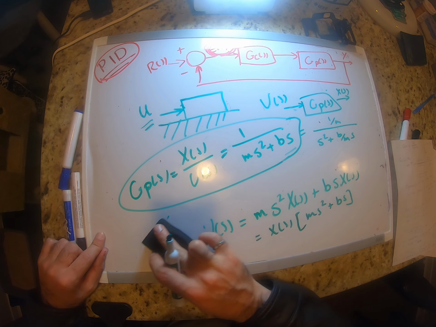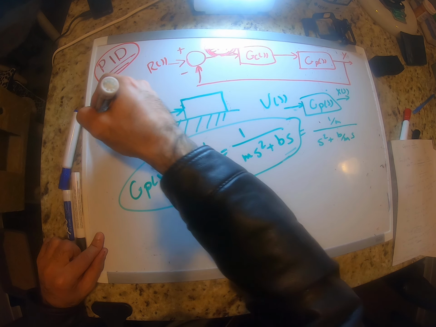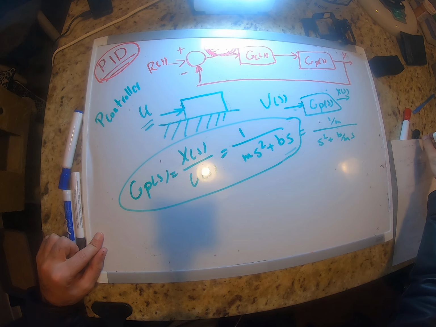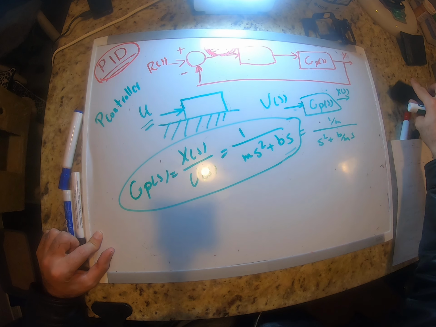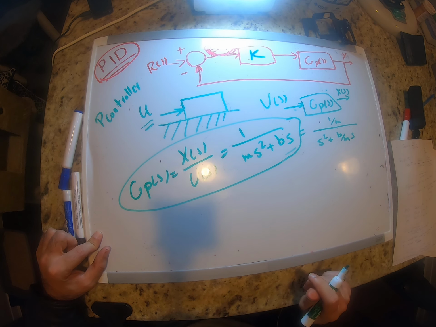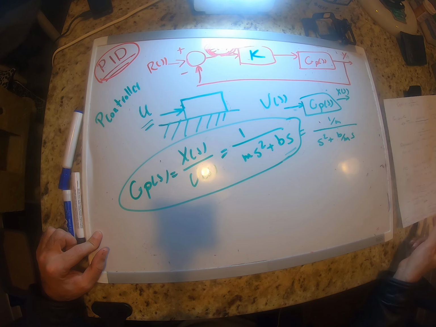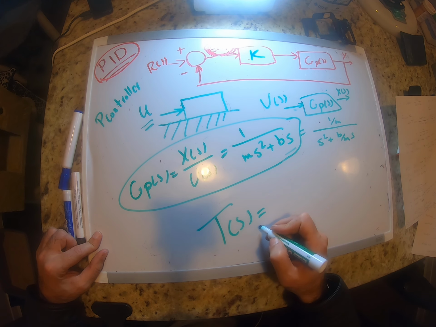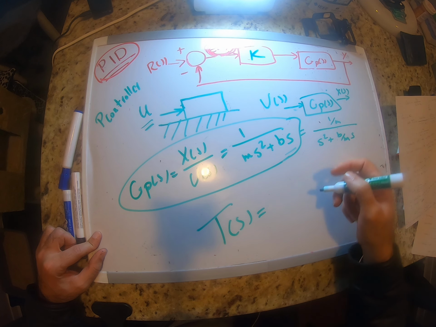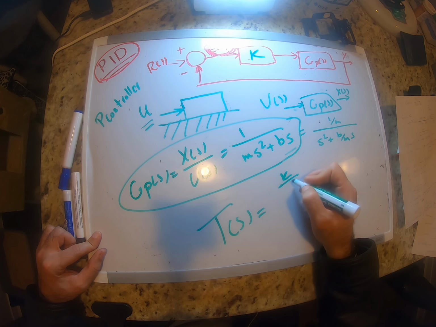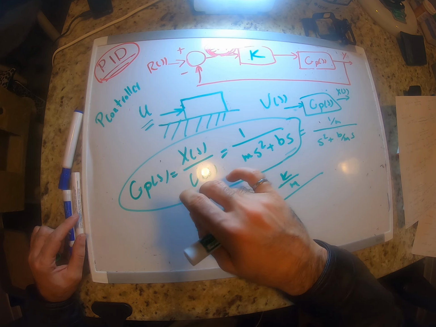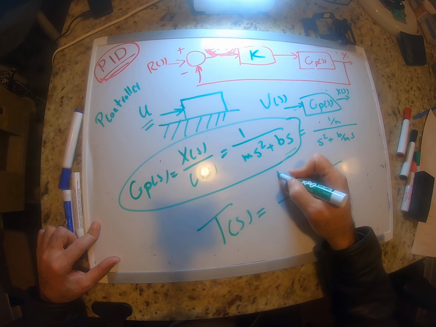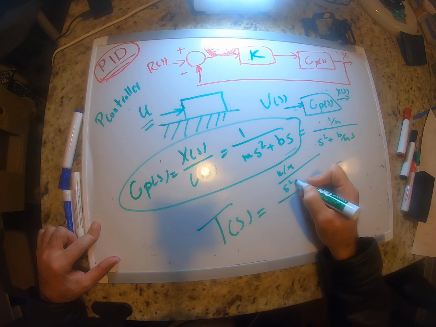And let's assume that we have a proportional controller. It means that this one is just a constant k. So if that's the case, then our closed loop system becomes Gc times Gp over 1 plus Gc Gp.